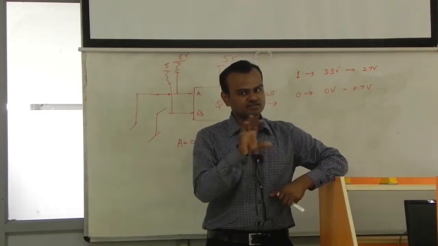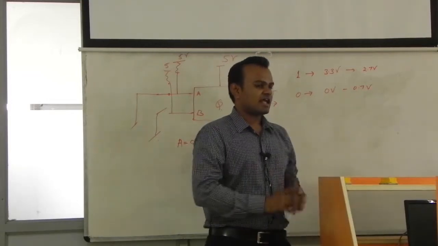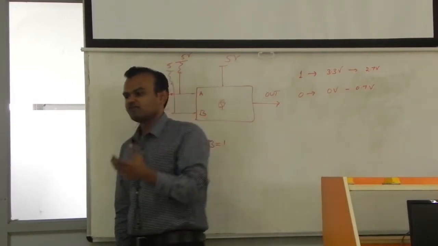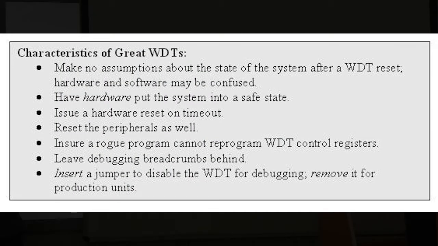This whole circuitry is included inside the microcontroller itself, and this is what you configure in your program. I don't think you have done this in your labs, but it will have been done as a startup code in whatever interfacing programs you do. There will be a startup code which will run in the beginning. That is what disables the watchdog timer also.